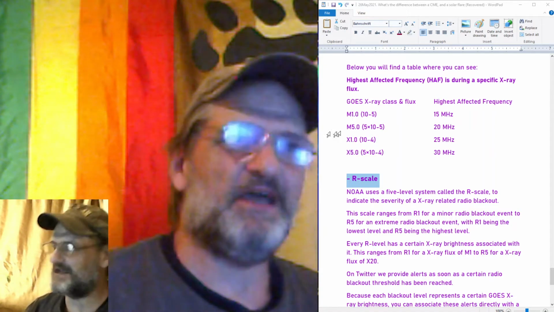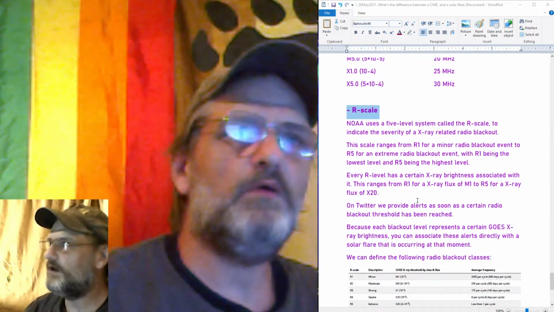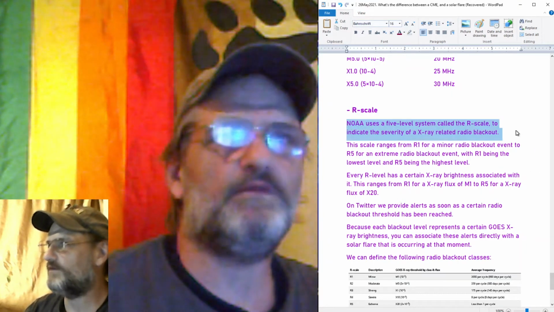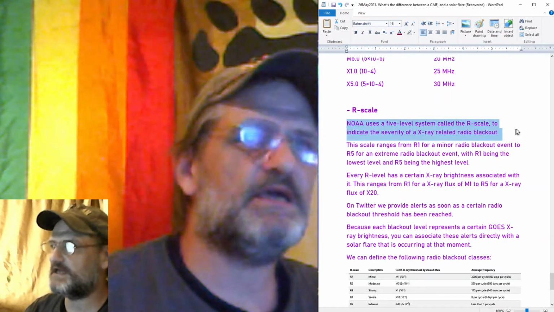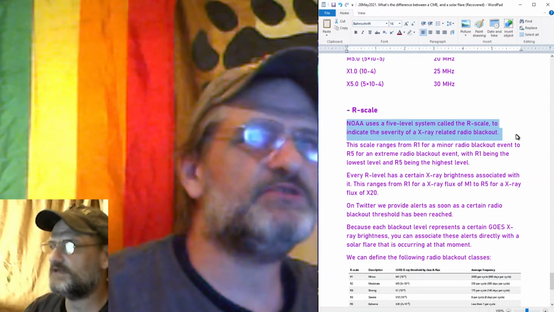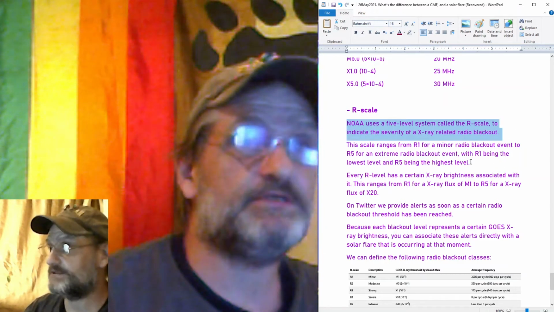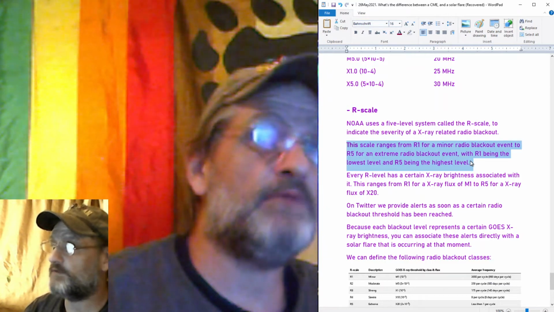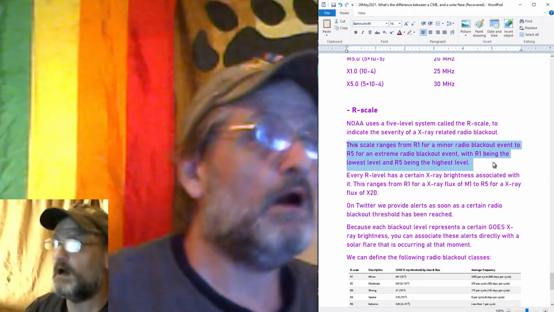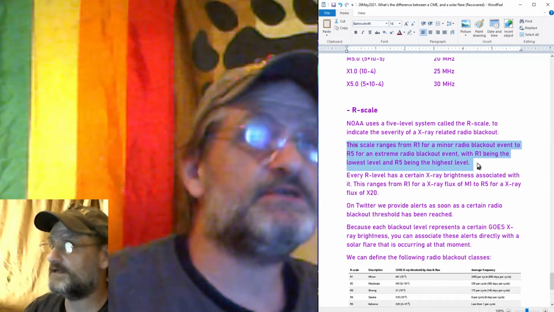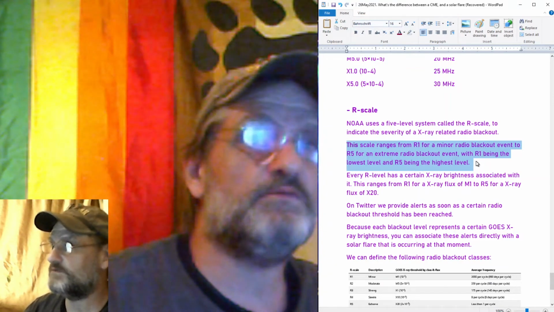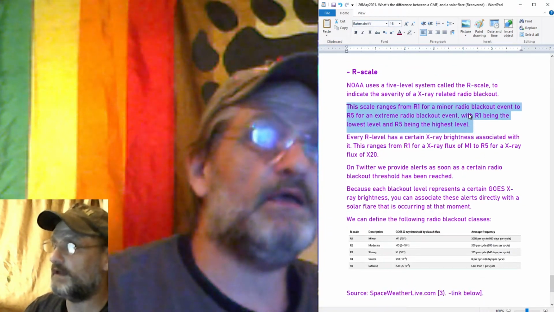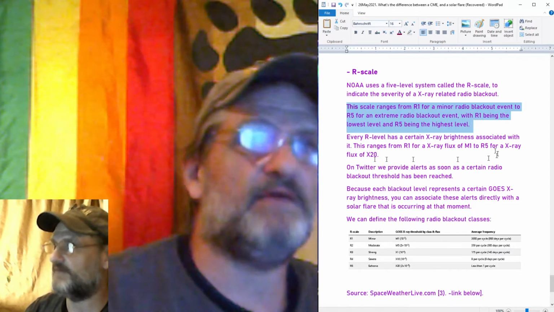Okay. The R scale. NOAA uses a 5-level system called the R scale to indicate the severity of an X-ray related radio blackout. This scale ranges from R1 for a minor radio blackout event to R5 for an extreme radio blackout event, with R1 being the lowest level and R5 being the highest level.